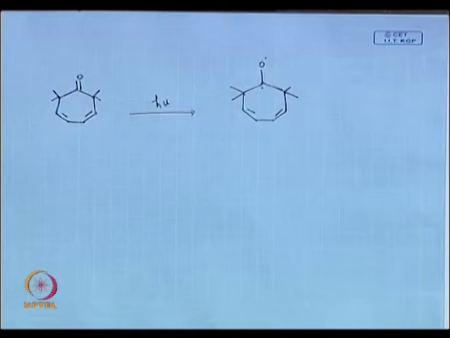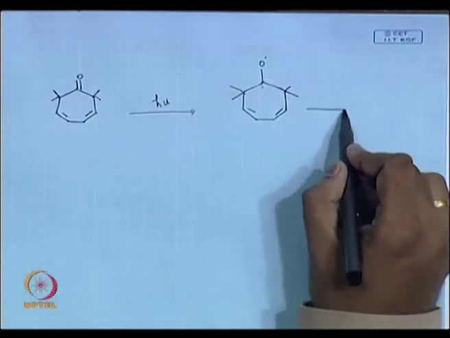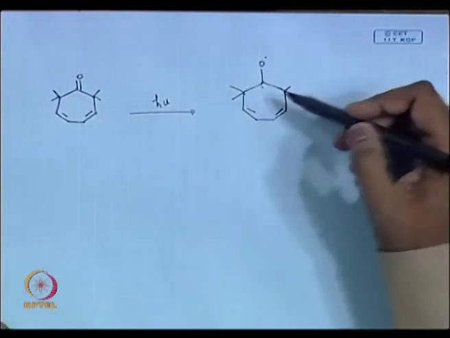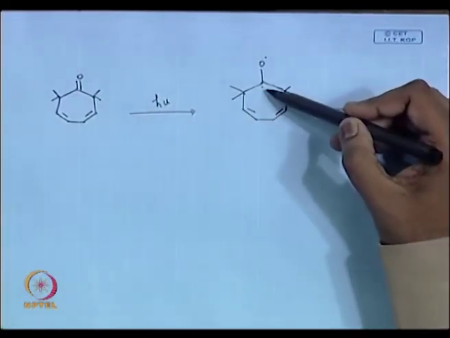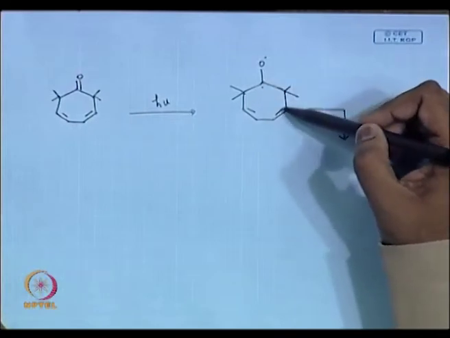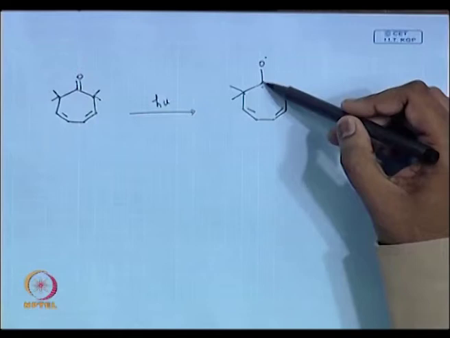Now what will happen? What can you think of? It's again going to do oxa-di-pi-methane. So I can take this radical, because you always cyclize, right? That's what you do in oxa-di-pi.